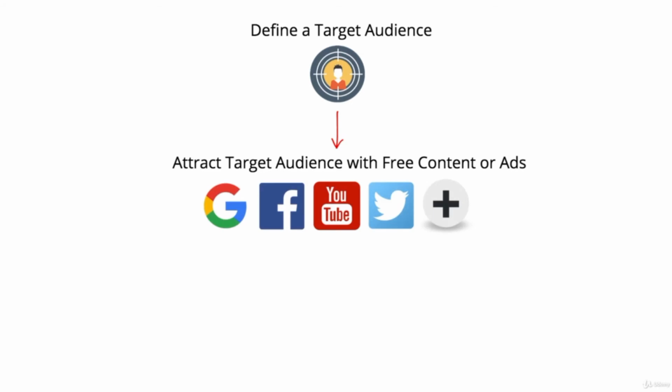And you really want to go onto the platforms that your target audience are already using. And that could be search engines like Google, Facebook, YouTube, Twitter, Instagram, LinkedIn, whatever. And in terms of how you attract them with free content, well, there's three types of content that you can really make.